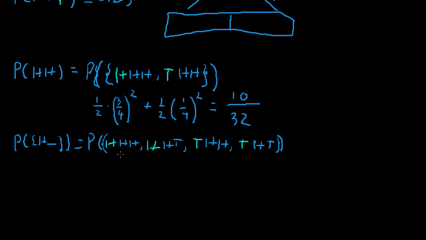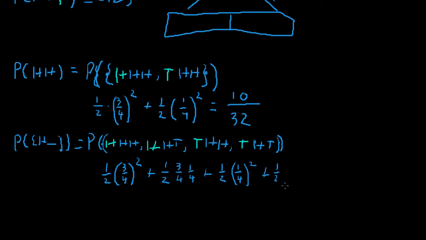So what's the probability here? Here we have a half, and then 3/4 squared. Now we have a half, and then 3/4 times 1/4. Now we have a half and 1/4 squared, and then we have plus a half, 3/4, 1/4.